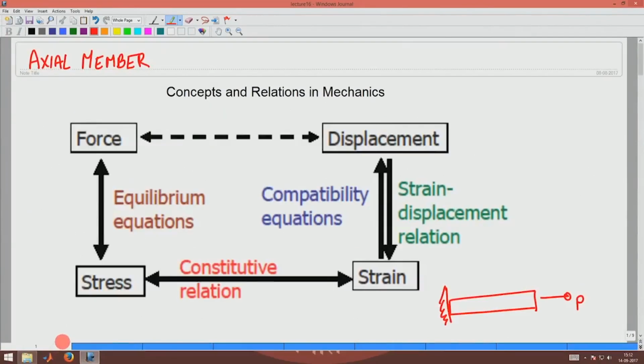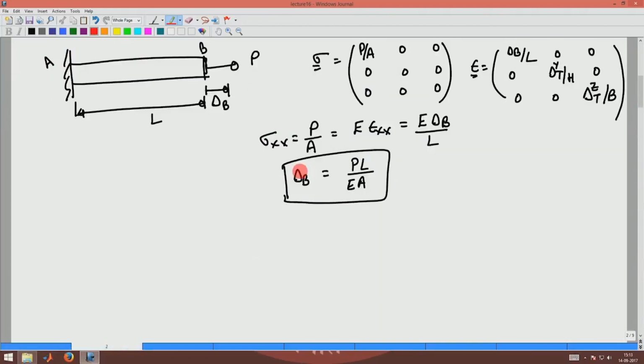In other words, we have used the equilibrium equation to relate the applied force to the stress, the strain displacement relationship to relate the displacement to the strain, and the constitutive relation to relate the stress to the strain. So, that is what we have done in this problem, and we have got the relationship that delta B is P L by A E or E A.